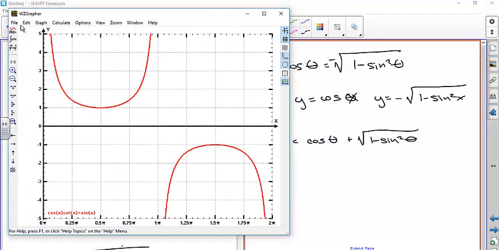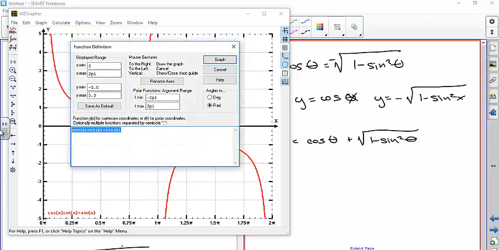I'm going to go from 0 to 2 pi. So we have the cosine of x instead of theta, plus the square root of 1 minus sine of x quantity squared. Close the parentheses. I plot that and I get this.